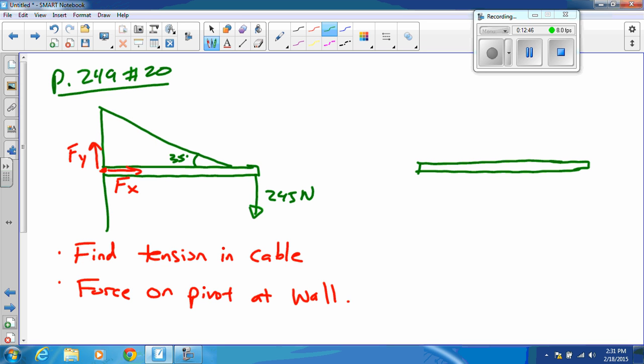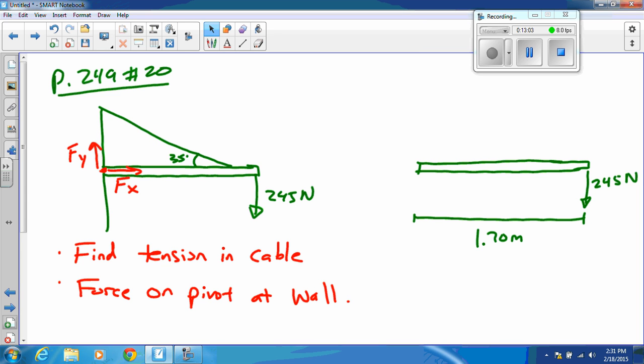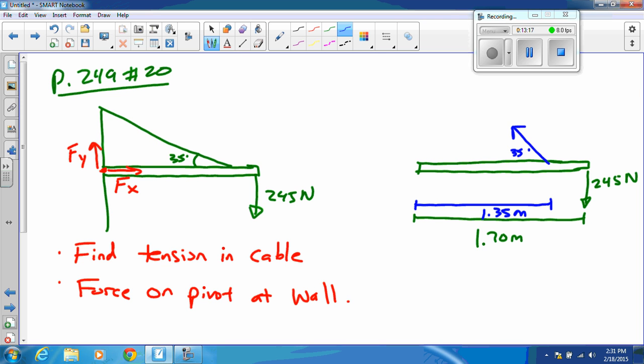So we're going to have a 245 newton force here. And in addition to marking the force, we also need to mark its distance from the left side here. And according to the problem, that distance is 1.70 meters. And we are going to have, of course, a tension in the cable at a 35-degree angle. And again, according to the problem, that is at a distance of 1.35 meters.